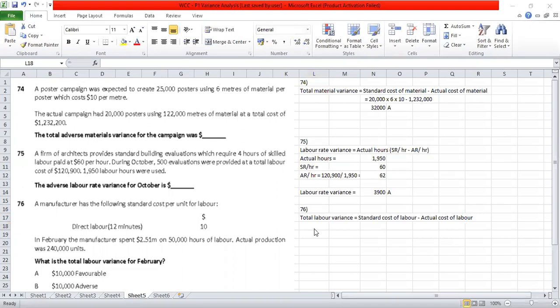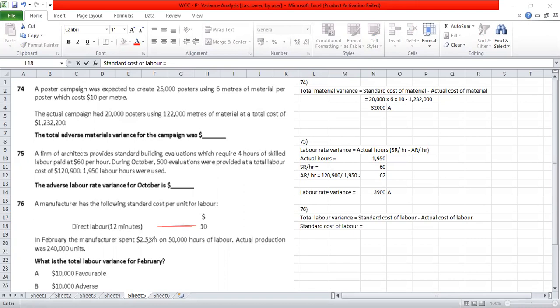Let's put it as standard cost of labor is equal to... see, this is the logic. For every 12 minutes it is $10.